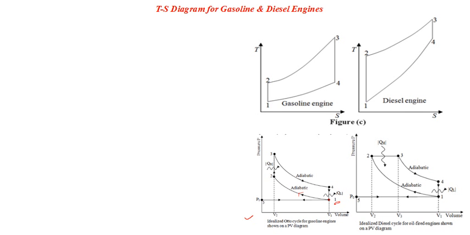So what is the first process from 1 to 2 representing in the PV diagram? It is representing what is known as the adiabatic compression.